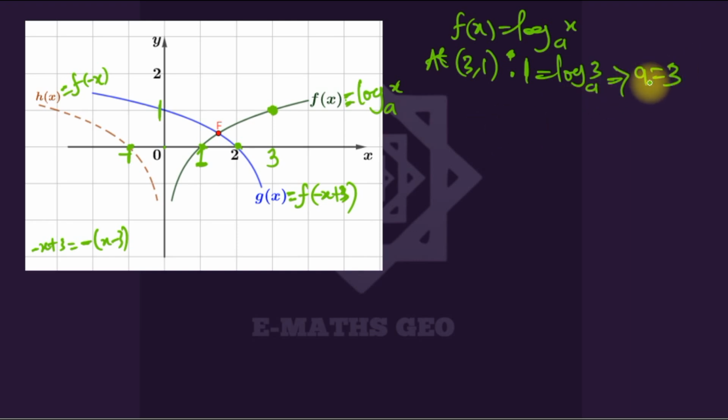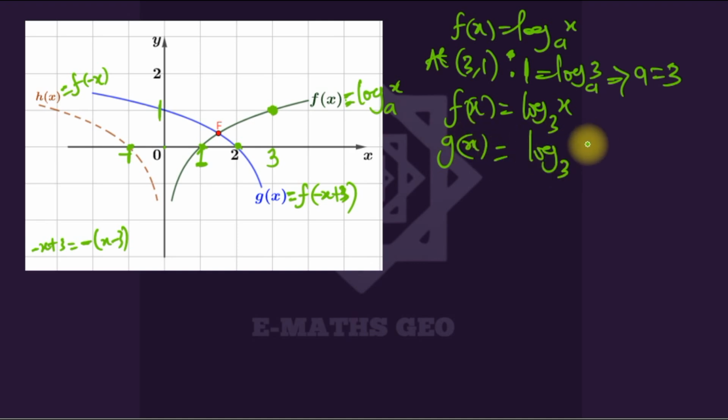So we now know the value of a, and f(x) is log base 3 of x. Therefore, g(x) will now be log base 3 of (-x + 3). Yes. So that's it. Very important.